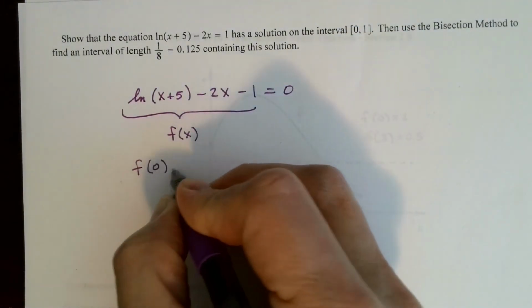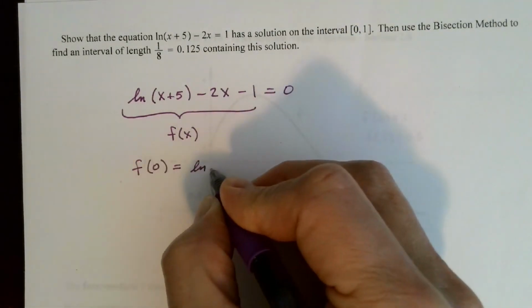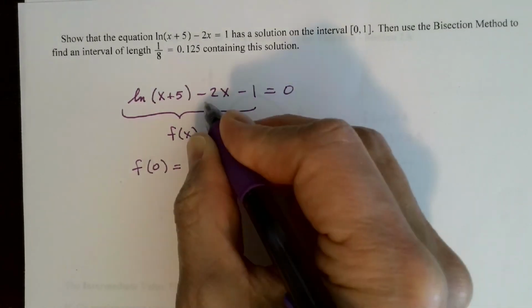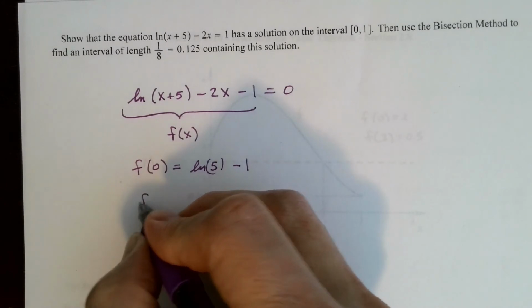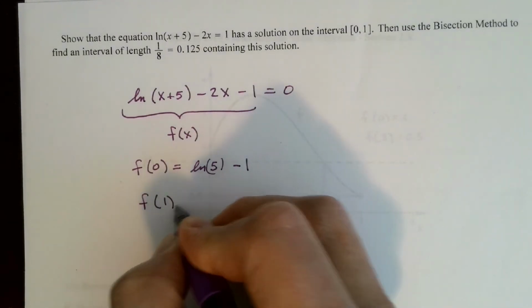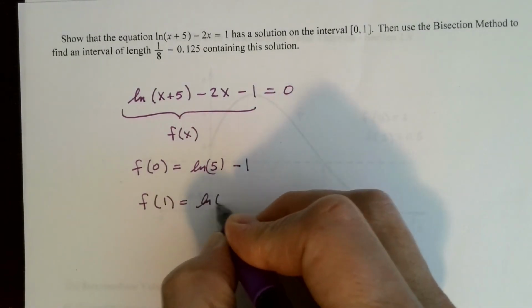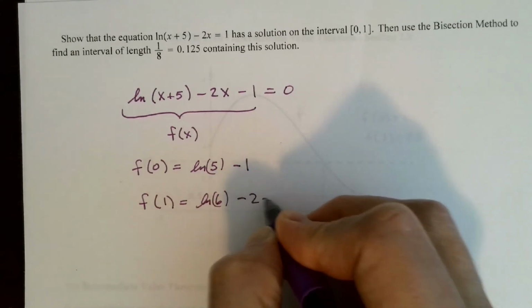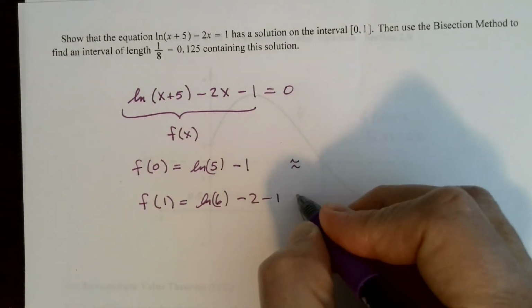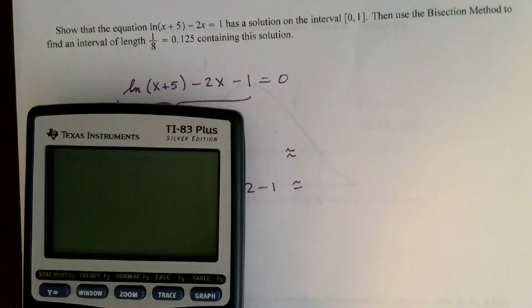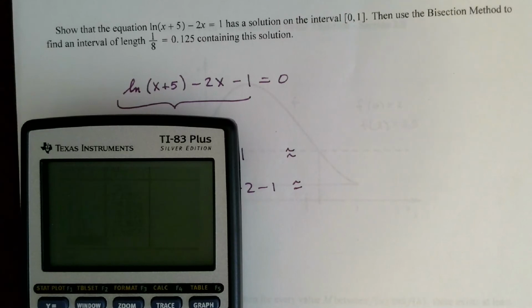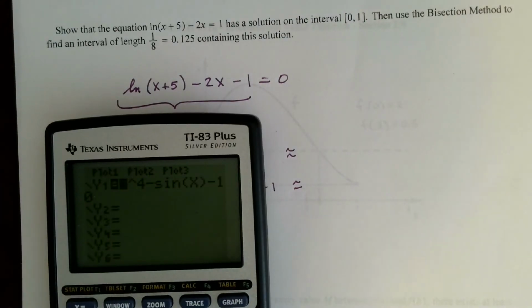So f of 0 is going to be the natural log of 5 minus 1, and f of 1 is going to be the natural log of 6 minus 2 minus 1. Okay. Well, we'll use our calculator again to help us out with this. I'm going to enter in that as my new function.